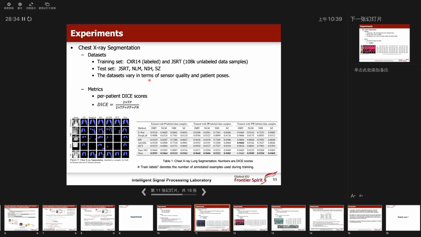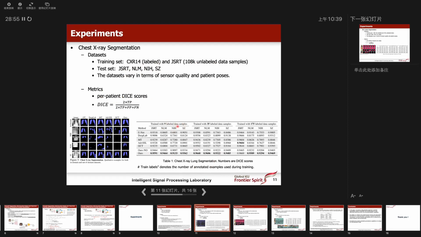These datasets vary in terms of sensor quality and patient pose. About the metrics, it uses the DSC to measure the performance. And we can see in Table 1 the quantitative results.